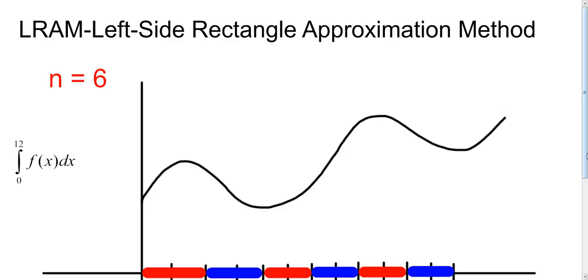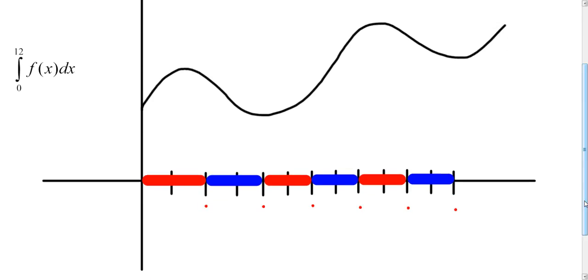If you do the left side, still the same intervals. From the left side, it would look like this. I take the left side of the interval till I hit the curve, go straight across, make my rectangle. Ooh, that was really crooked. Let me fix that just a little bit. Straight up till I hit the curve.